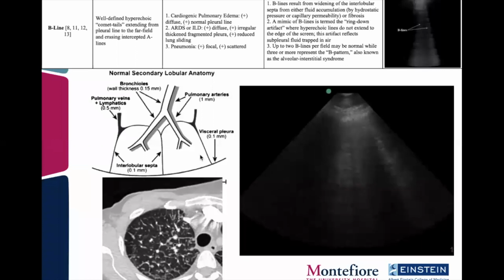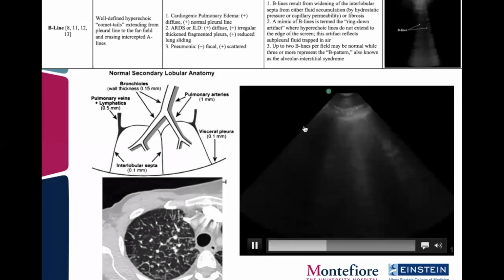Early on in my career, I thought that B lines just represented pulmonary edema, but really anything that widens the interlobular septa, whether it's fluid that's hydrostatic or due to increased permeability, whether there's an inflammatory process or scarring, collagen deposition, any of these things would allow propagation of ultrasound waves, creating artifacts that we call B lines.